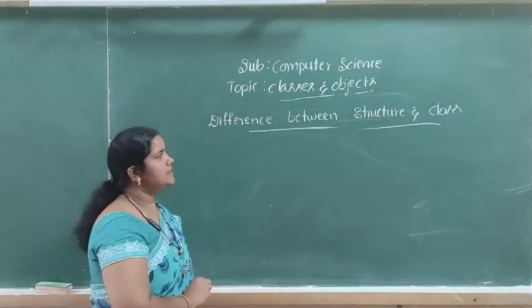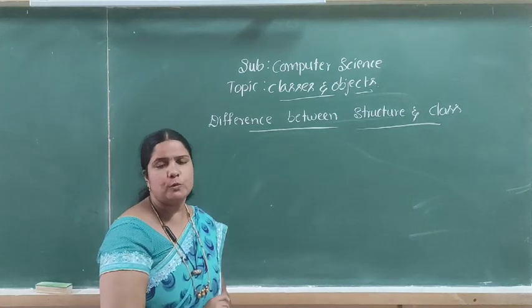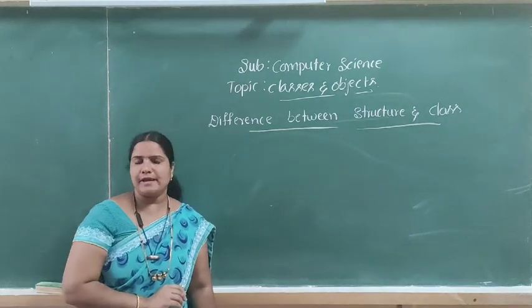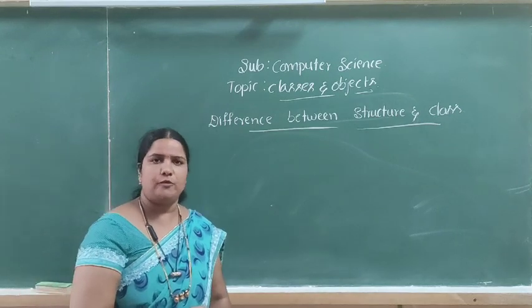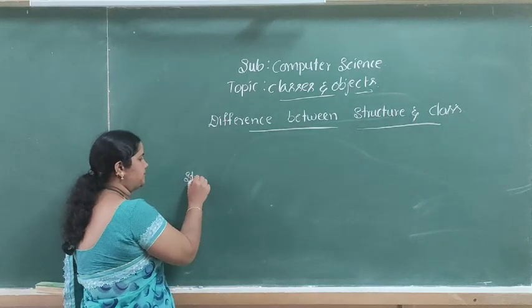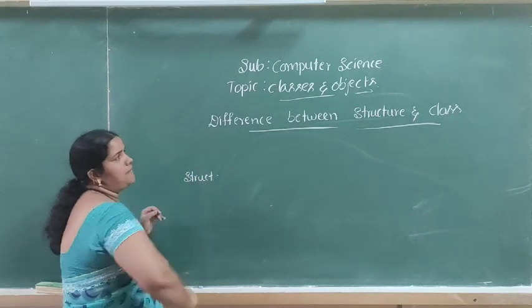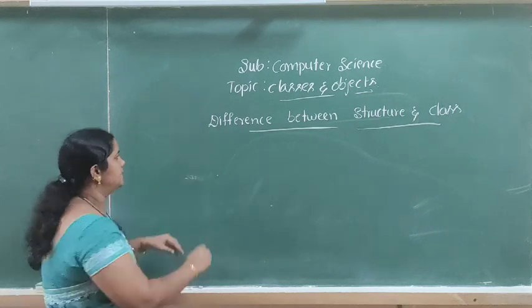In first year we discussed structure. A structure is a collection of heterogeneous elements of the same data type or different data types. In structure we use the keyword struct. So what are the main differences between structure and class?